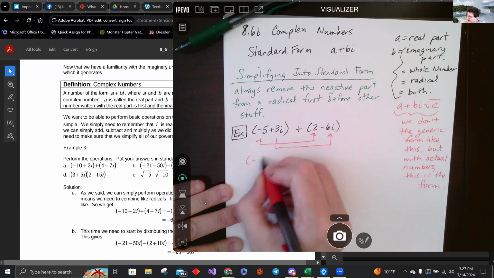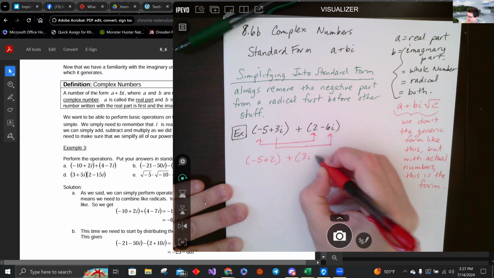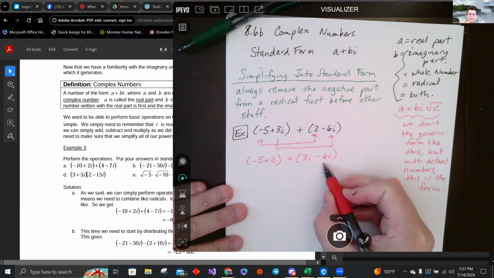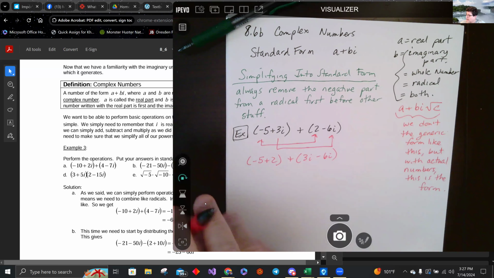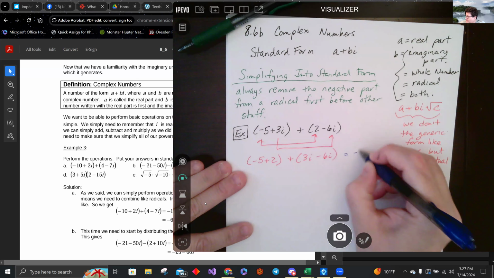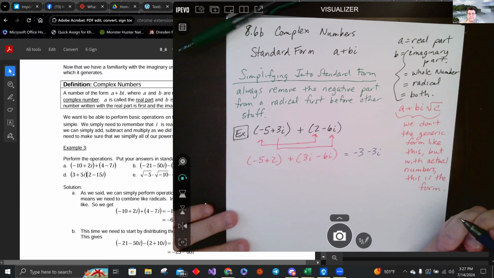This is -5 plus 2, and then I've got 3i minus 6i. Normally you don't need to write this, you would just combine them, but I wanted to show what I was doing. This becomes -3 minus 3i.